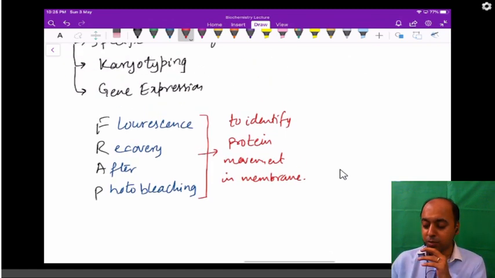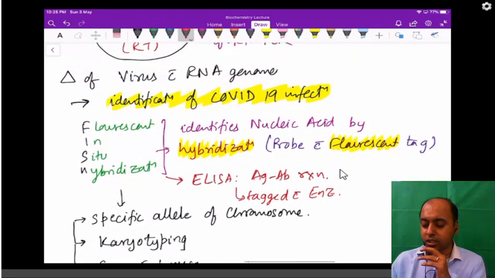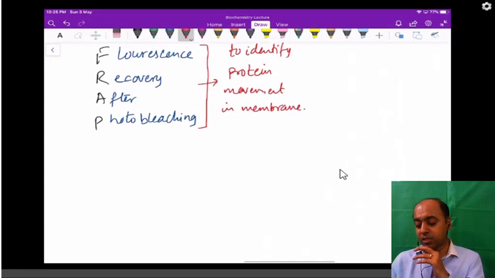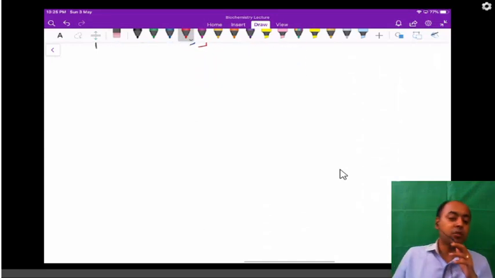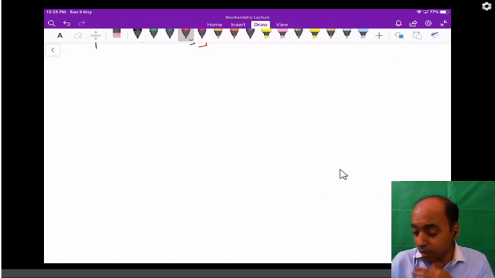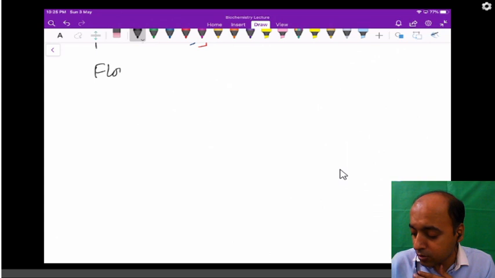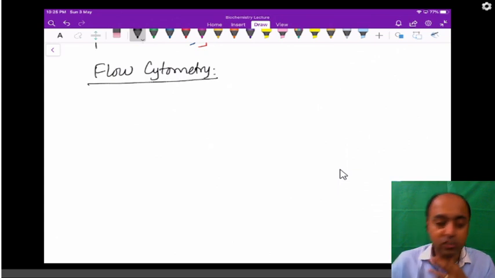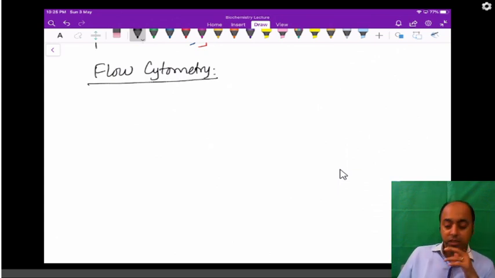So these are some of the important additional techniques which are commonly asked. Every time there can be some new techniques, so you need not worry about the new techniques because everyone else will be in the same boat. Okay, one more thing that I want to talk about, this is likely to be covered in your pathology section also, the flow cytometry.